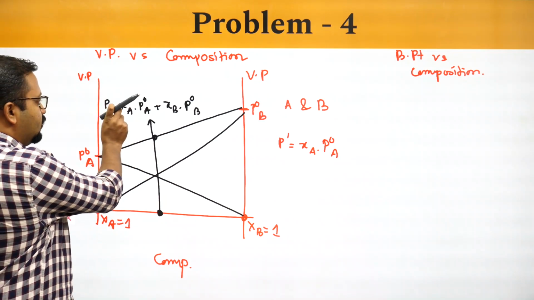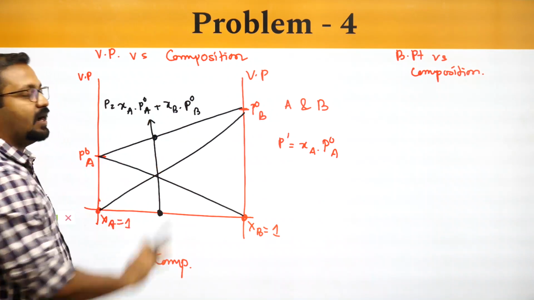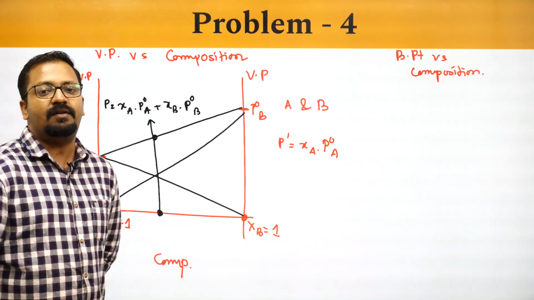It is equal to the mole fraction times the ideal vapor pressure plus the mole fraction times the ideal vapor pressure. It's not equal to the sum of ideal vapor pressures.